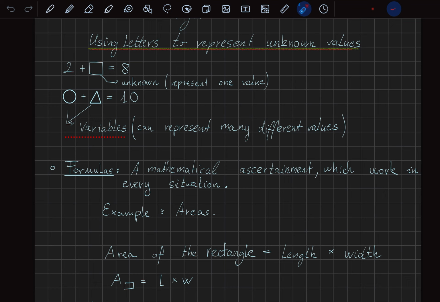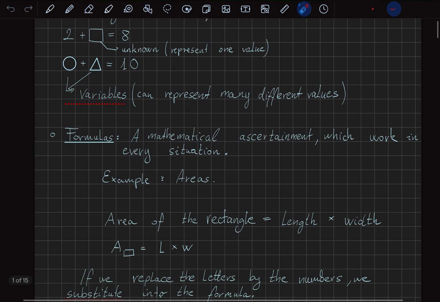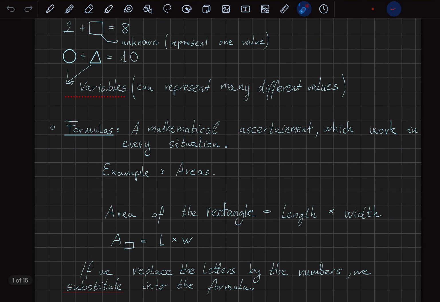If we talk about area, or in physics, many formulas for how to calculate speed, distance, etc. Here you will see area of the rectangle equals length times width. It works with every rectangle, and this is why it is a formula.